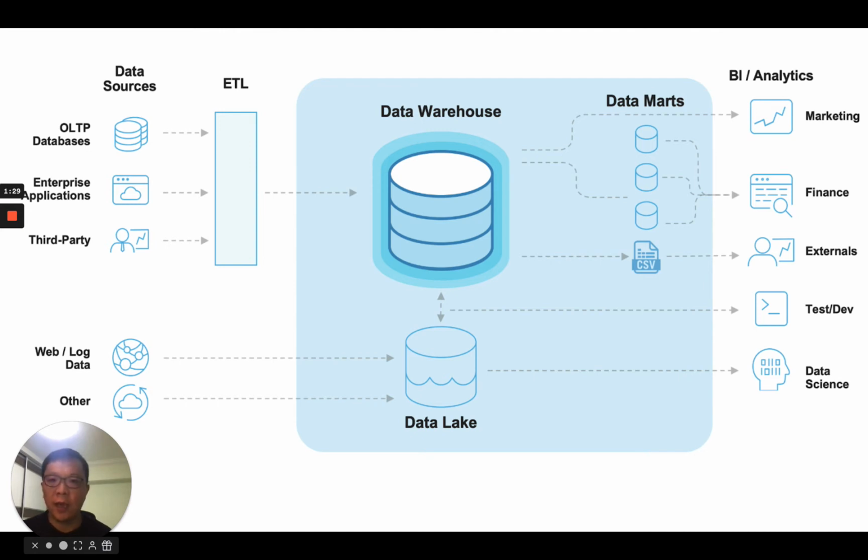This data is loaded into the data lake to be stored in raw form, then later it will be loaded into the data warehouse. Then there's also the centralized data warehouse, which is used to load different sorts of data, such as transactional databases, enterprise applications, or maybe some third-party data. This data is loaded into the data warehouse via the ETL process.